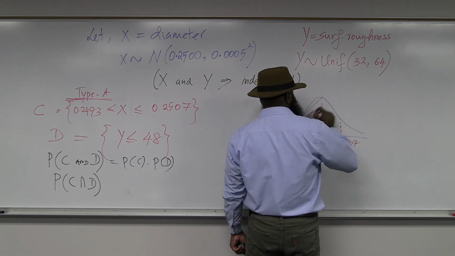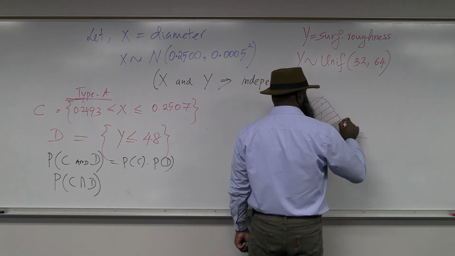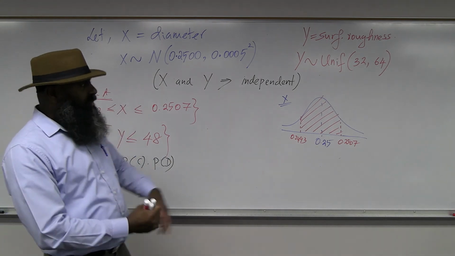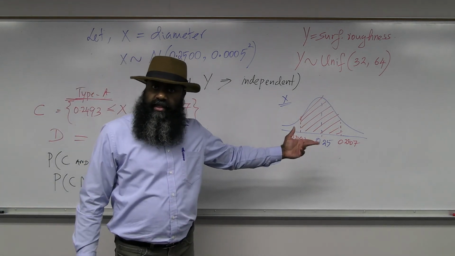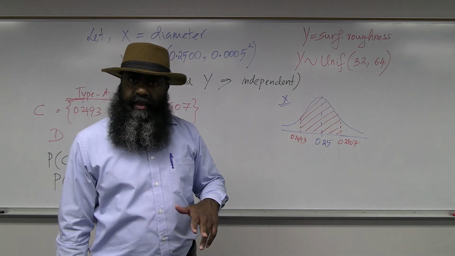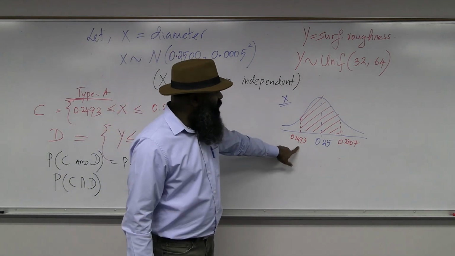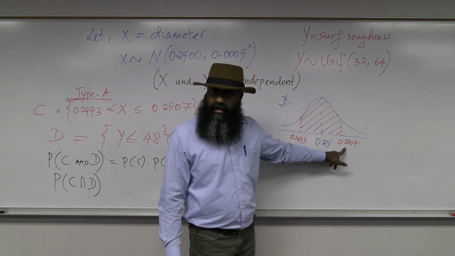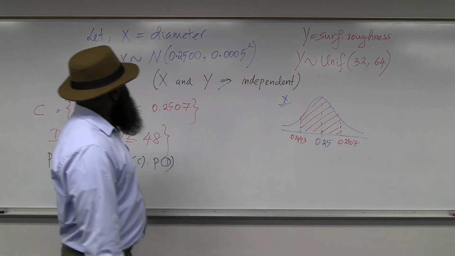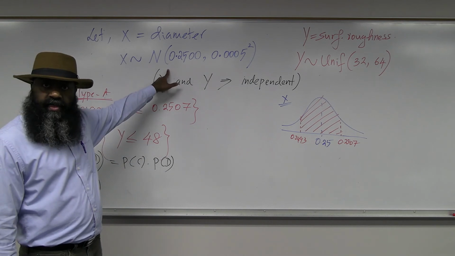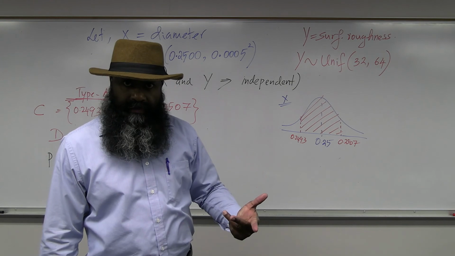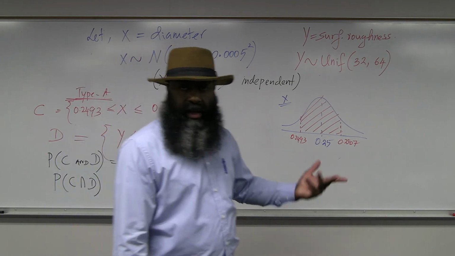So what I need is this shaded area. So how do you find it? You already know how to find it. You have to go to distributions, select normal CDF. The lower limit is 0.2493. The upper limit is 0.2507. Mu equals 0.25. Sigma equals 0.0005. That's all. And then you can get the answer.